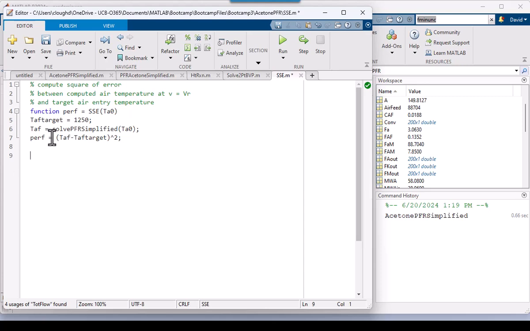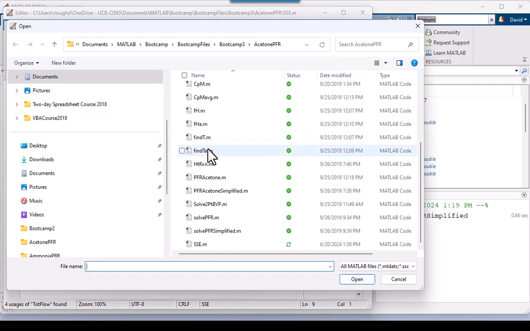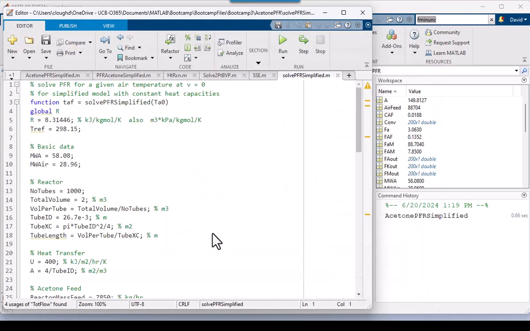So now we need to look at solve PFR simplified. So we do that. Here it is. And again, this looks very much like what we had for our main script before, except now it's a function and it starts with an estimate of TA0 and it returns a TAF, which is at the full volume of the reactor, the inlet temperature. So that's what it does.